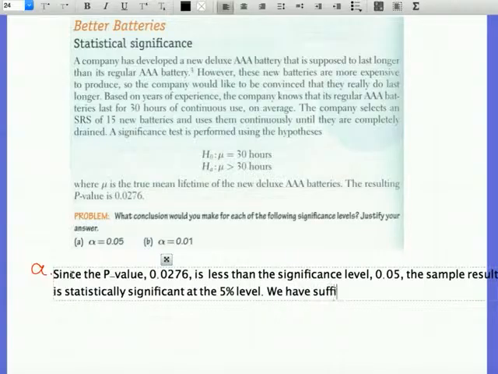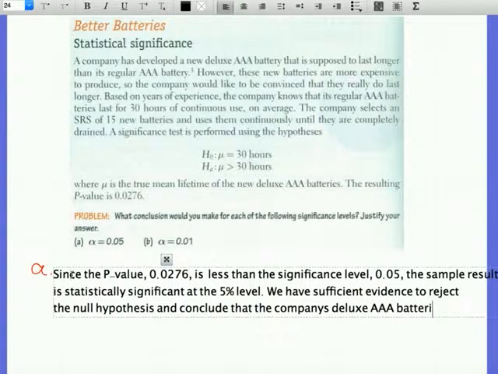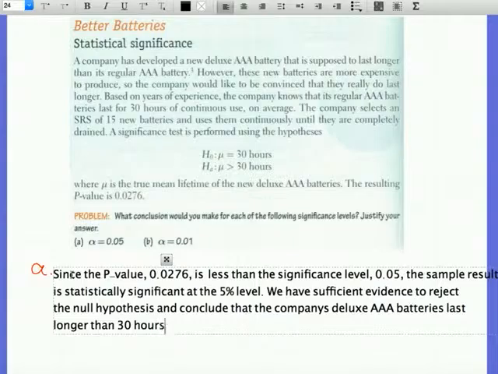So this means we have sufficient evidence to reject the null hypothesis and conclude that the company's deluxe AAA batteries last longer than 30 hours.